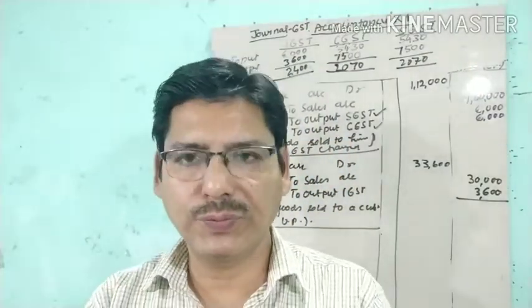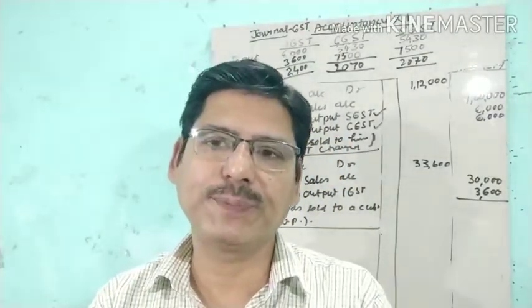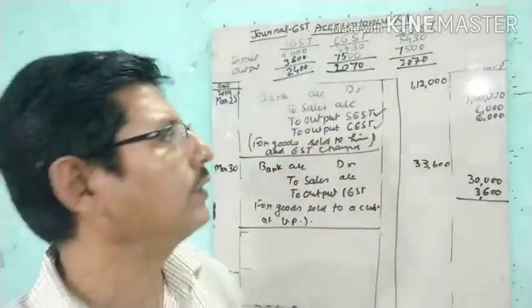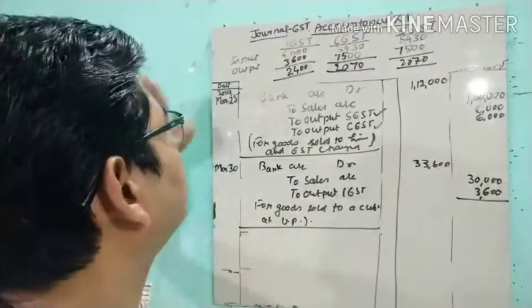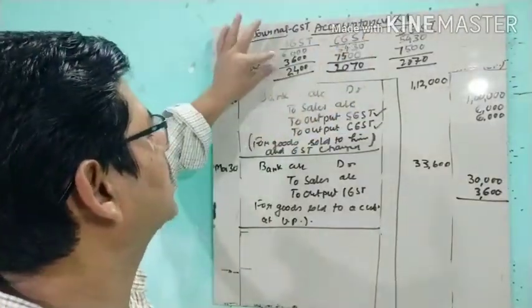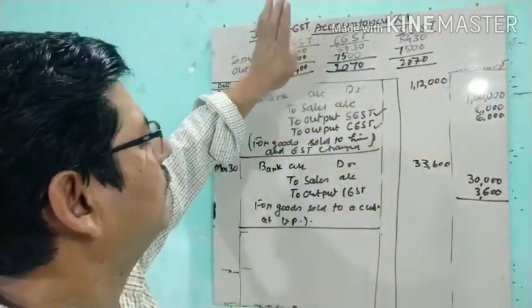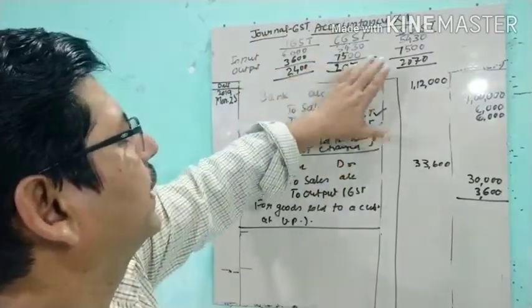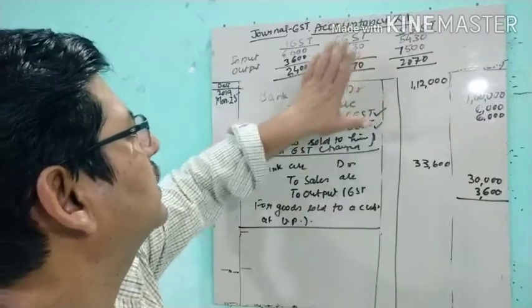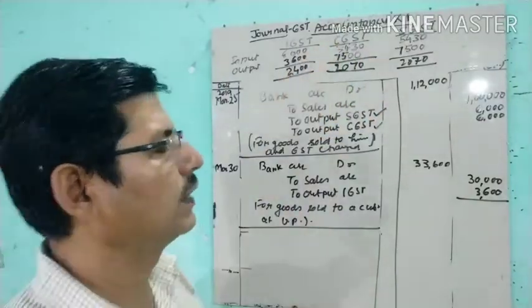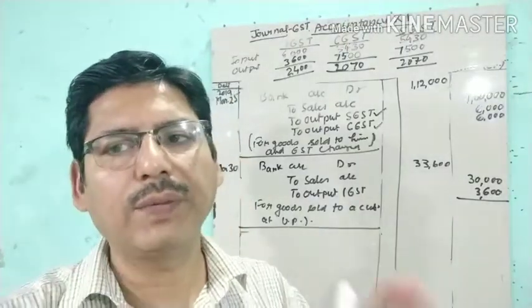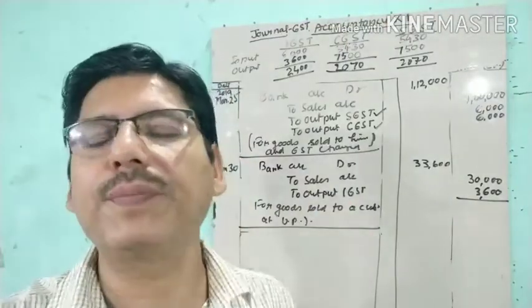Now what we will do, we will adjust. First of all, we put the entry for adjusting IGST. We can start it from here: SGST, CGST, IGST, whatever we take. Or we can make it a joint entry also.